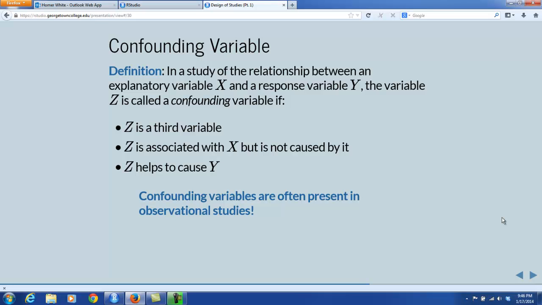So in observational studies, because the different groups that you compare might differ in some other ways besides the explanatory variable, and some of those ways might affect the response variable, you're never sure how much causal work the explanatory variable is doing in the values of the response variable.